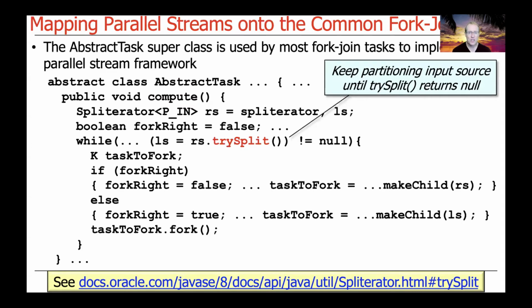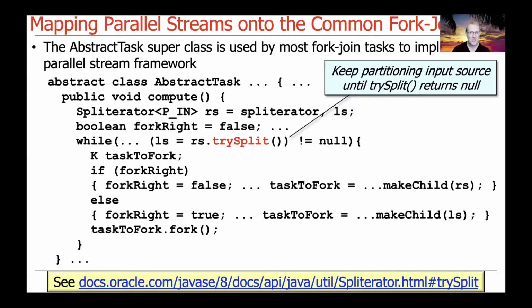And the way it works, as you can see here, is it's actually going to take the spliterator that's defined for a parallel stream, and it's going to keep calling its trySplit helper method. Remember, this is the parallel streams framework doing this, not your application code. And it's going to keep calling trySplit until trySplit finally returns null.